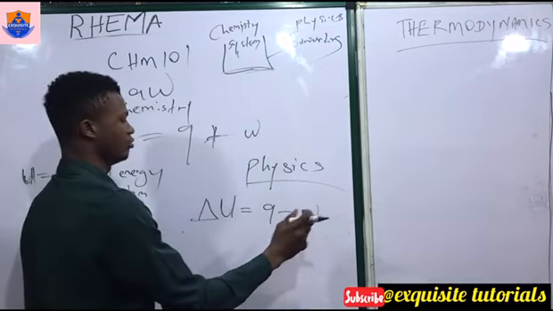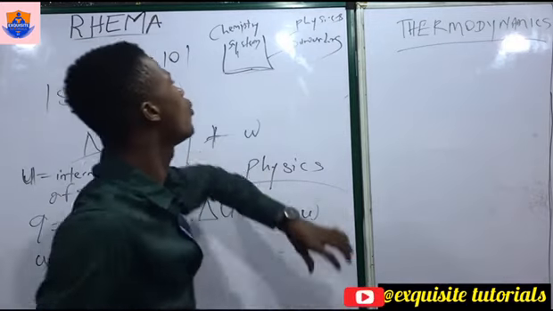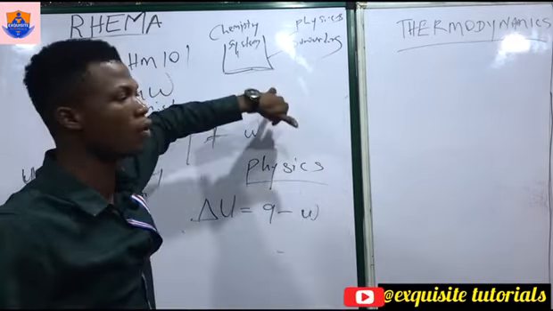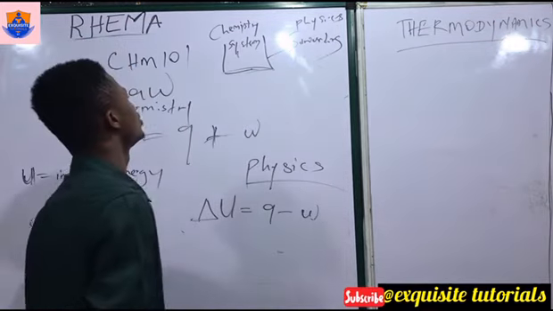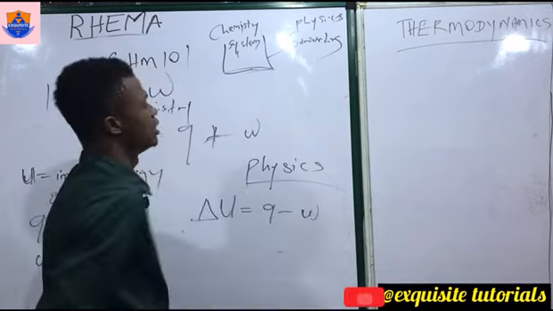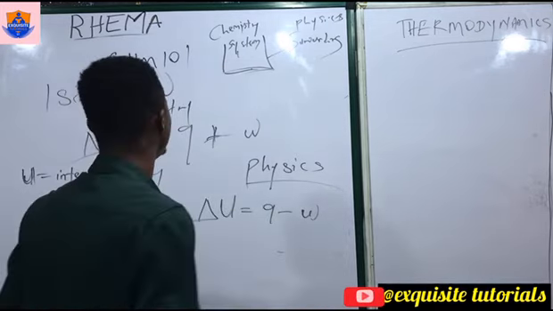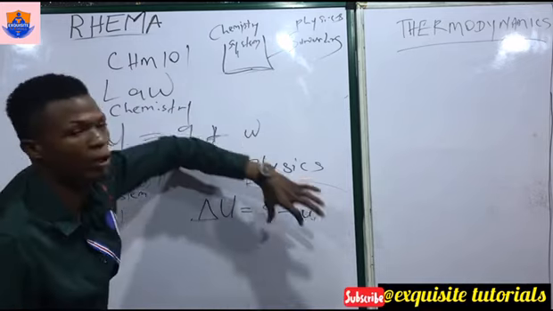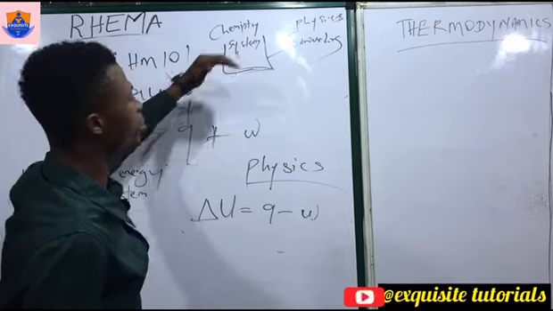Here work is positive, here work done is negative. Now in chemistry, when work is done on the system, it means W is positive. Now let's explain. Work is done on the system, here is positive, here is negative. Remember our point of view.